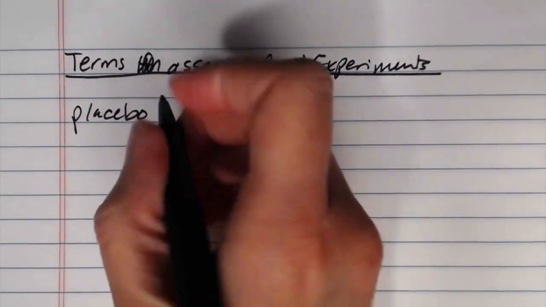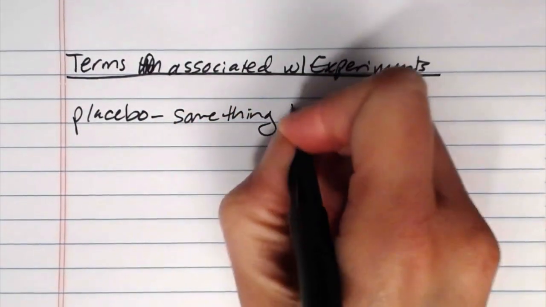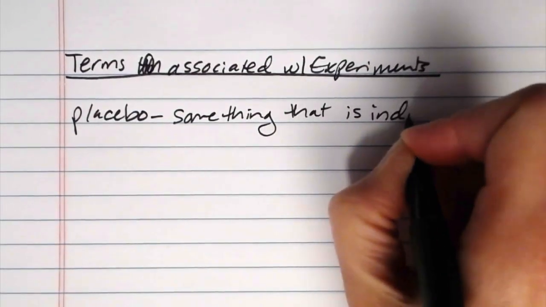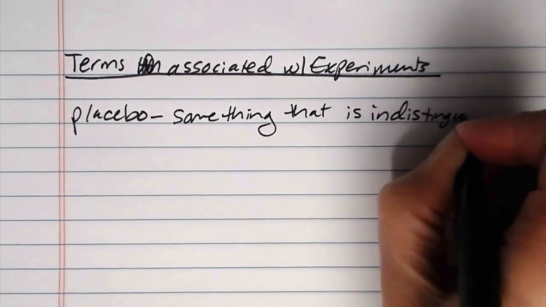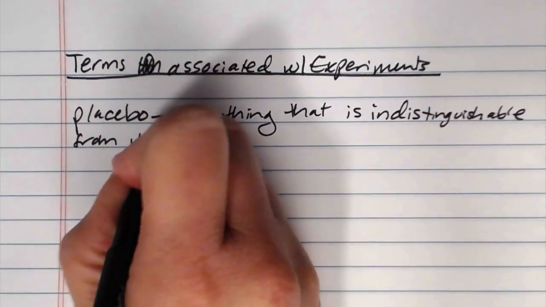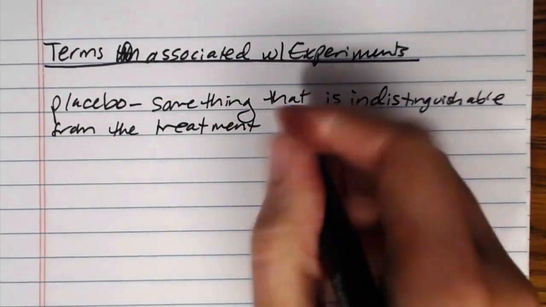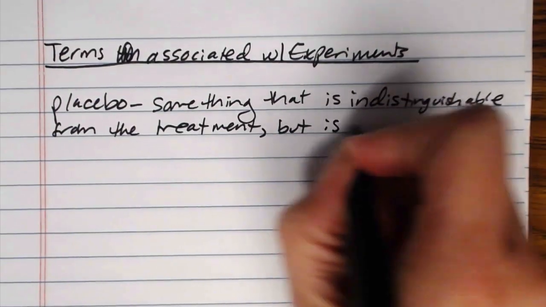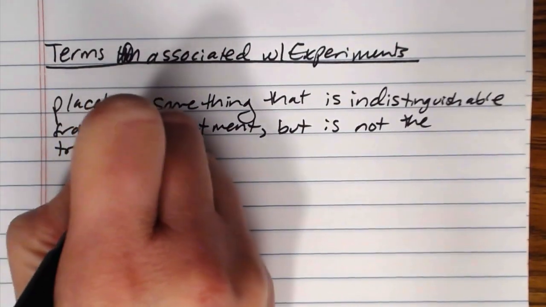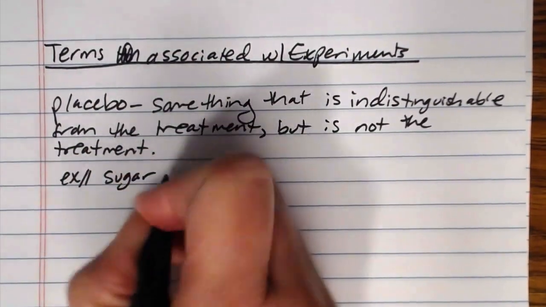And a placebo is something that is indistinguishable from the treatment, but is not the treatment. In the case of medicine, this is frequently a sugar pill.